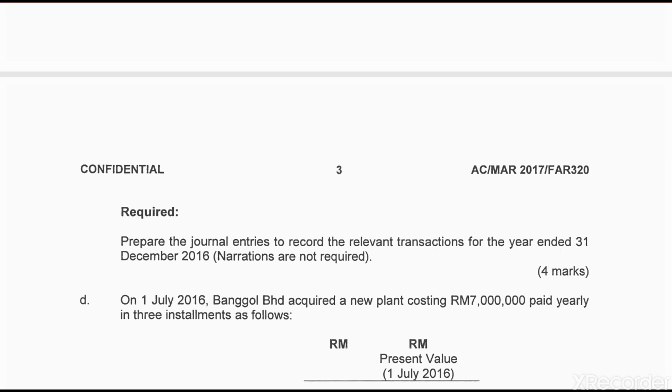The purpose of doing this question is also to illustrate the application of the initial cost when you acquire a PPE but the payment is being deferred.